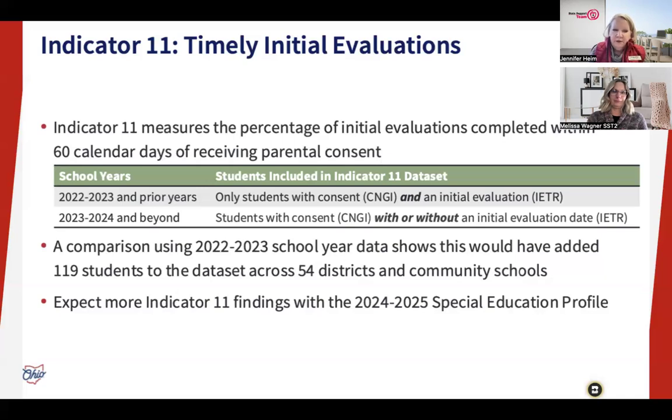But in the 23-24 profile and beyond, they're using students that have the consent signed with or without an initial evaluation. So they are expecting there'll be more districts with an indicator 11 finding this year. So we were happy to address that.